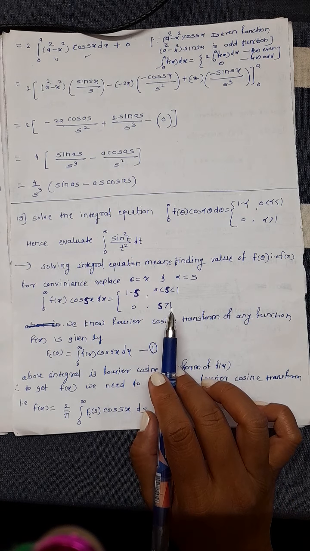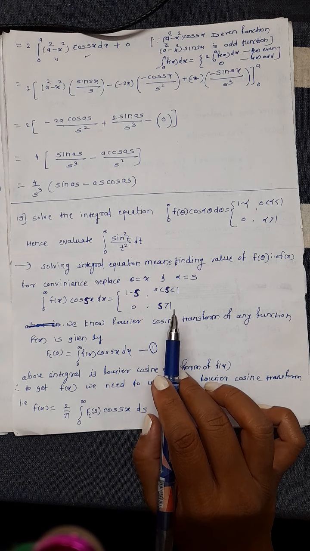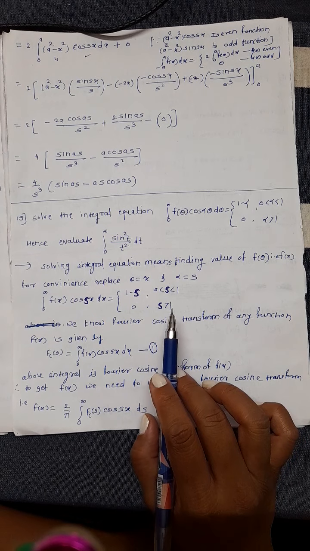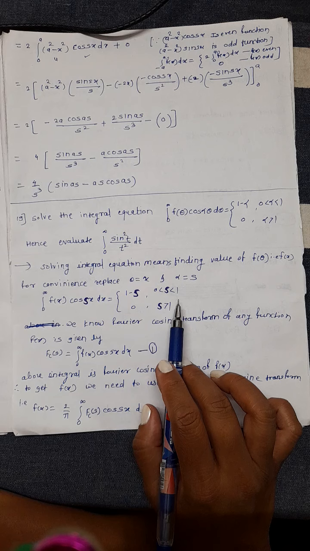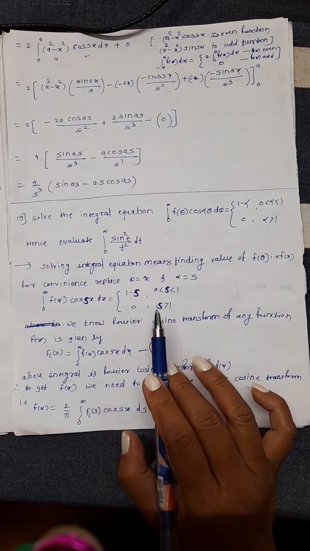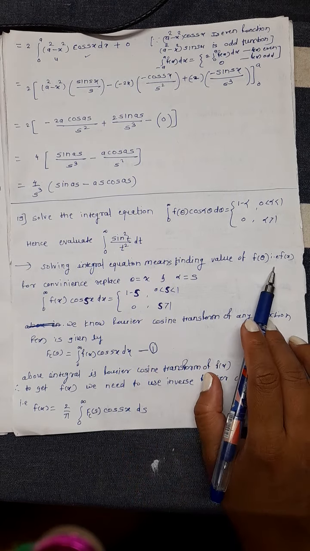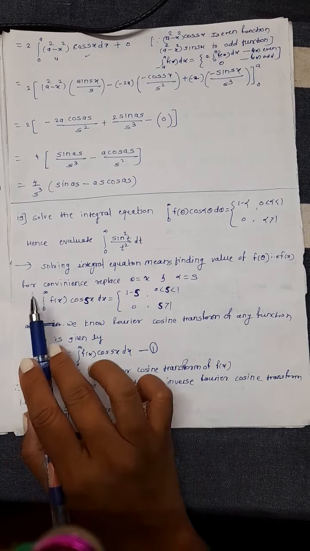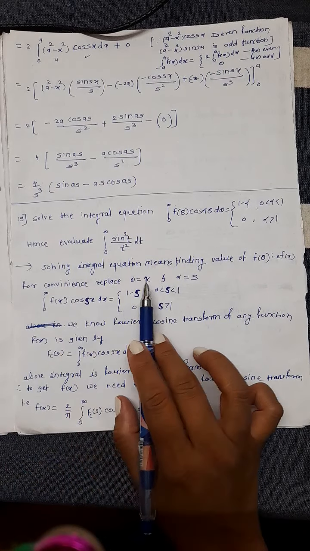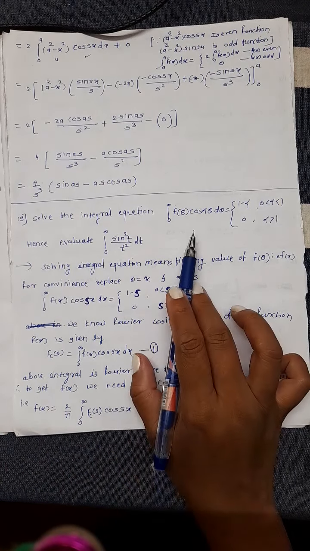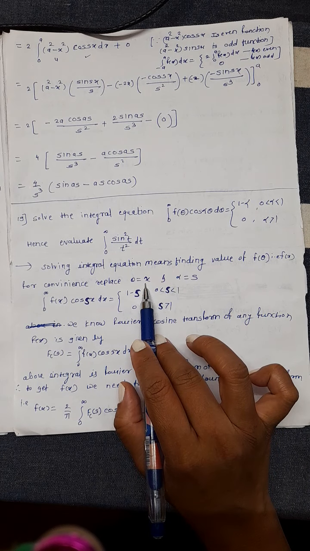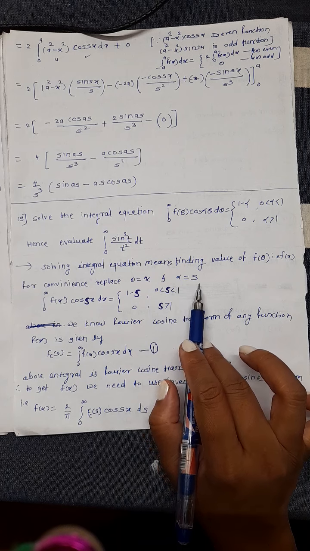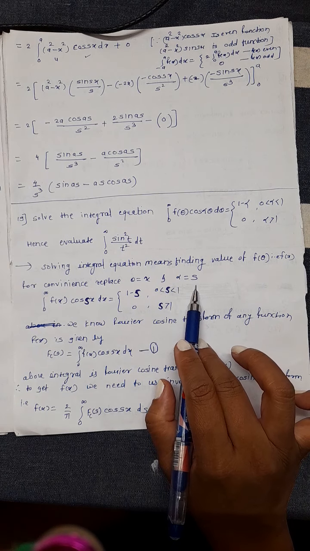You can solve it as it is, but replacing the variables with our usual notation makes the question seem very easy. So for convenience, replace theta here. Theta is equal to x, and alpha is equal to s.